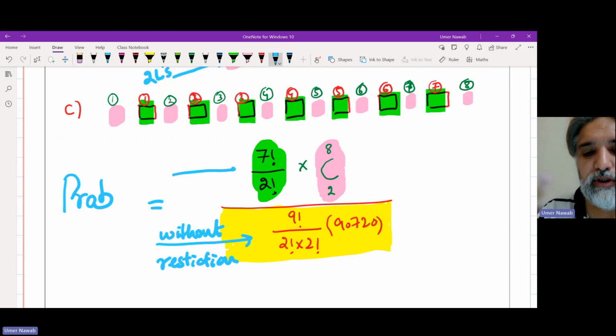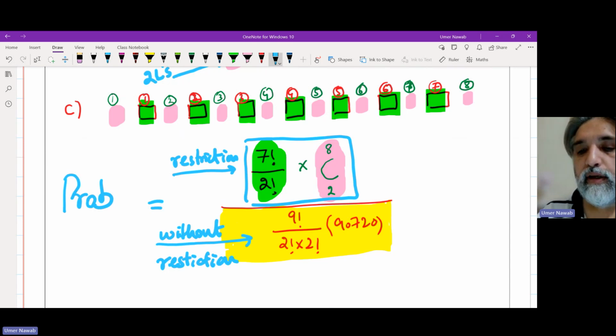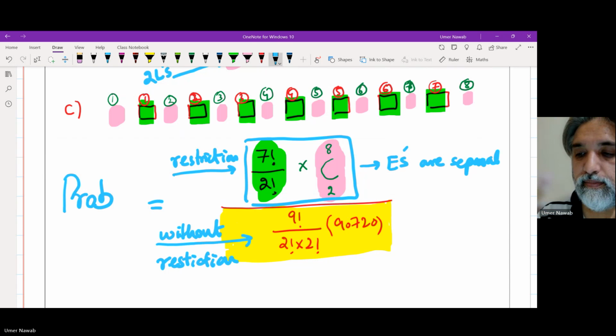And the wanted situation, meaning the restriction, is always in the numerator. And this restriction shows that I am not going to have the E's together. So E's are separated. This is the restriction I have.